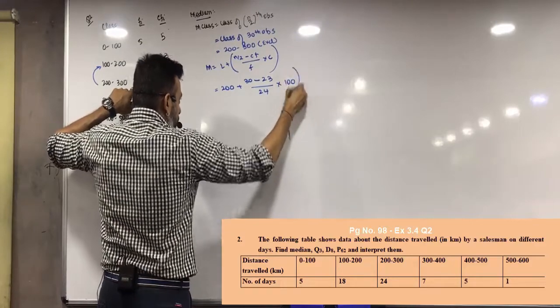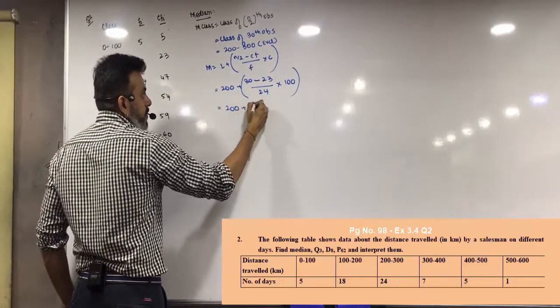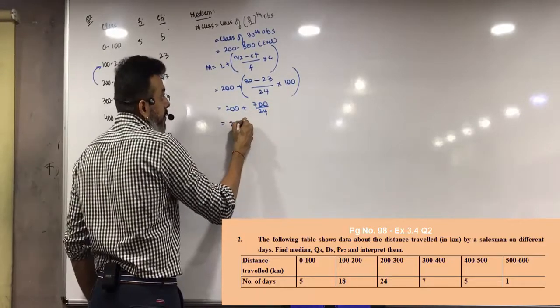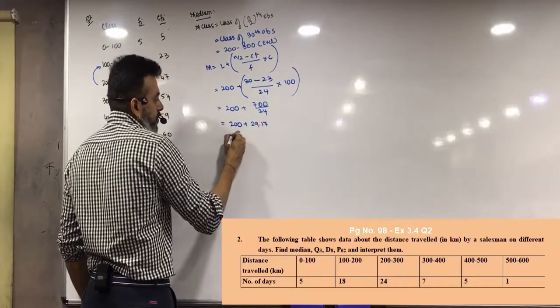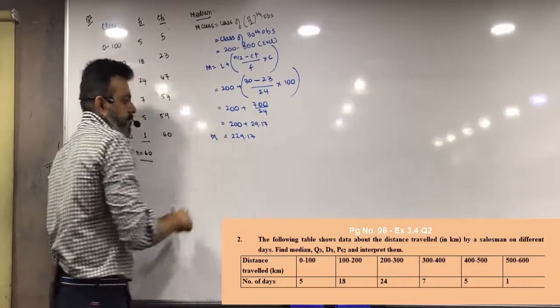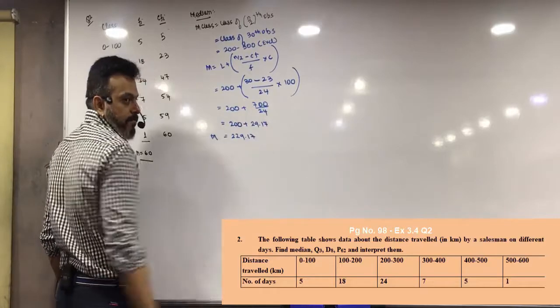Class length is 100. So it is 200 plus 700 upon 24, which is 200 plus 29.17, so 229.17 is the median. 30 minus 23 is 7, and 7 into 100 is 700.